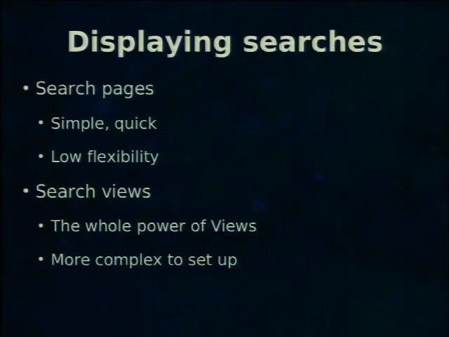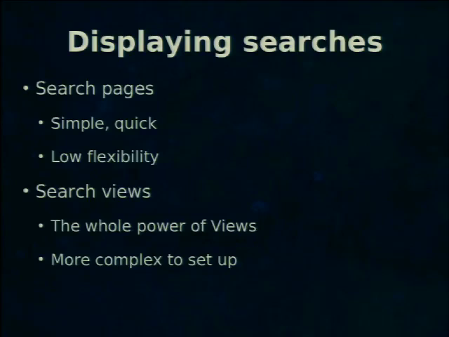You just get a page with a keywords text field, and then people can search and display results. You have a few options, but it's all very simple and basic. It's good for quickly setting up simple searches. But you don't have much flexibility.